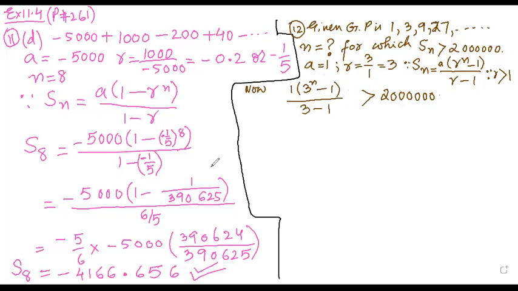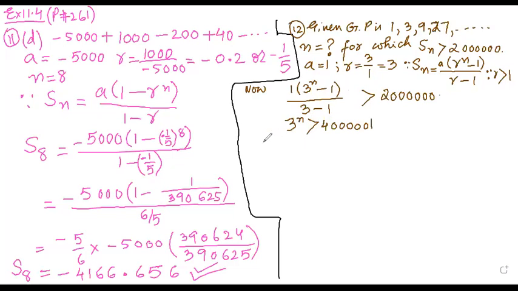Continuing with this, 3 minus 1 will become 2. 2 multiplied by 2000 will become 4000, and then this minus 1 will go to the right hand side. So basically this will become 4, 0, 0, 0, 1.